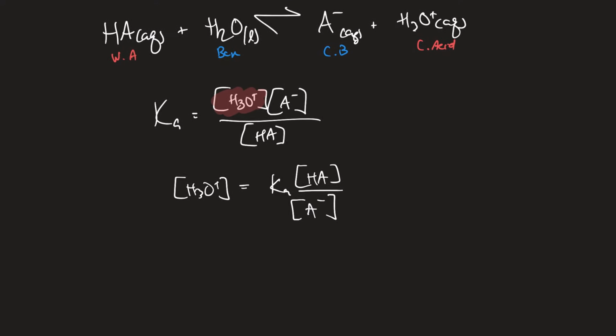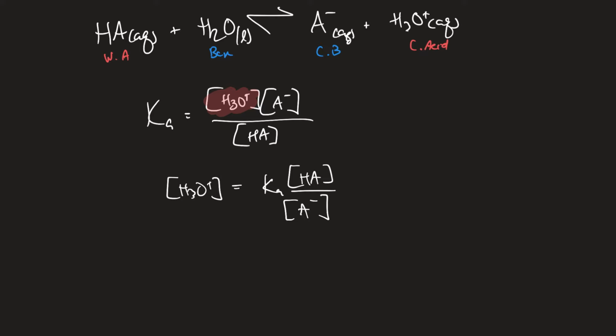As I said, the concentration of hydronium is what dictates the pH. If I rearrange this so that it's equal to the concentration of hydronium, then we see that the concentration of hydronium is equal to Ka times the concentration of HA over the concentration of the conjugate base. Since pH is the negative logarithm of the hydronium ion, pH is dependent on the hydronium ion concentration. In a buffer, the hydronium ion concentration is dependent on the ratio of the weak acid and its conjugate base.